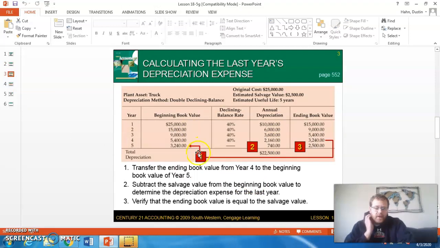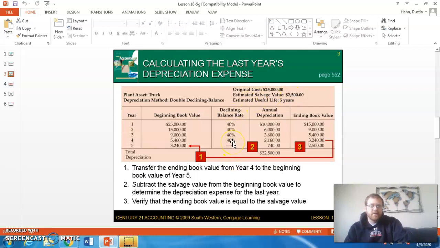Now, when you are looking at the last year of expense, the useful life is 5 years. If you were to work the math on that same example from the previous slide, in year 5 you start the book value at $3,240. However, the estimated salvage value is $2,500.